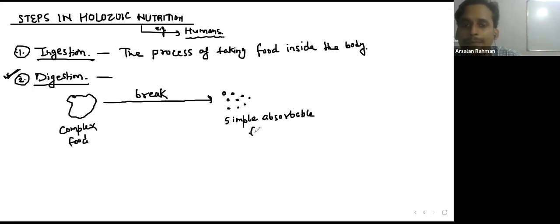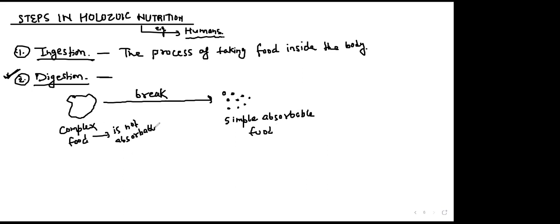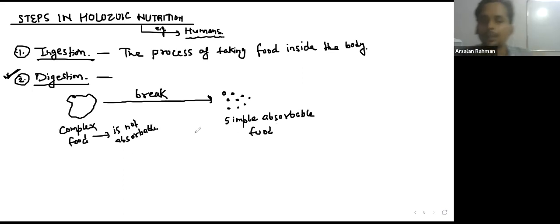What is the meaning of absorbable food? This complex food is not absorbable. Absorbable food means which we can absorb into our bloodstream. For example, suppose you have put the chapati in your mouth.